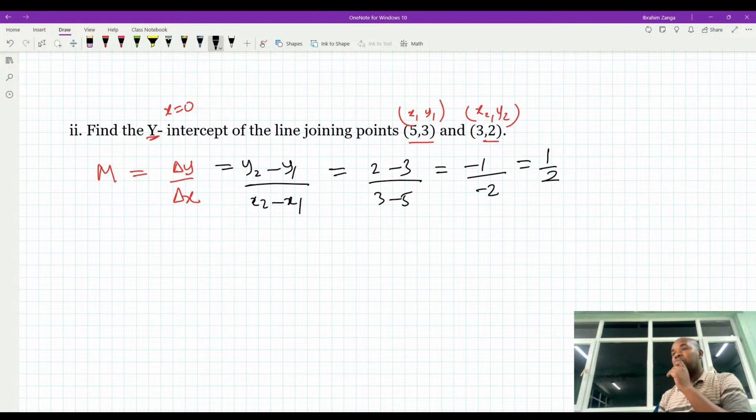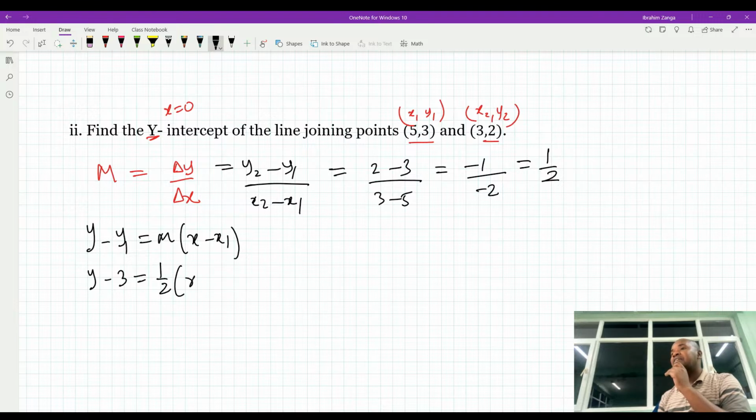So that is the slope. And the equation is y minus y1 equals m times (x minus x1). So it is actually the point-slope equation. From here, y minus y1, which was 3, equals the slope, which is a half, times (x minus 5).